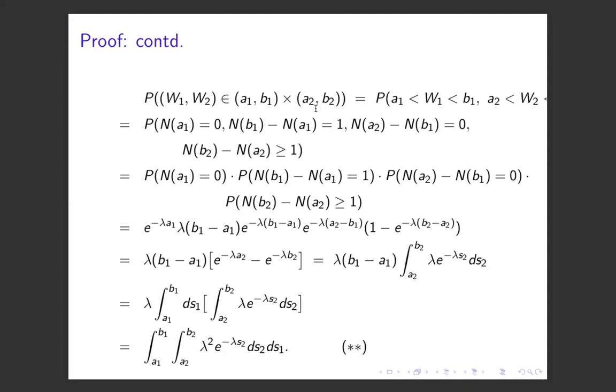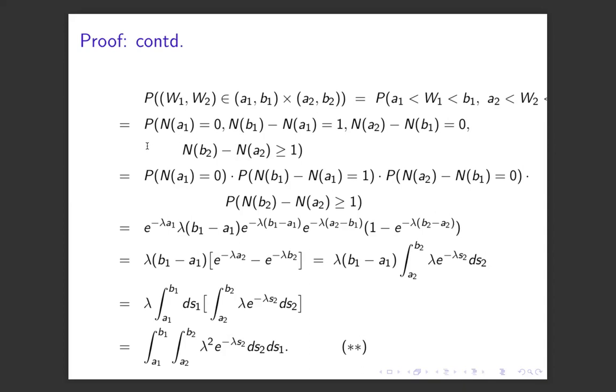W2 is in (A2, B2) means at least the second arrival is here. There may be more. So this equality is just by realizing what this event actually means.